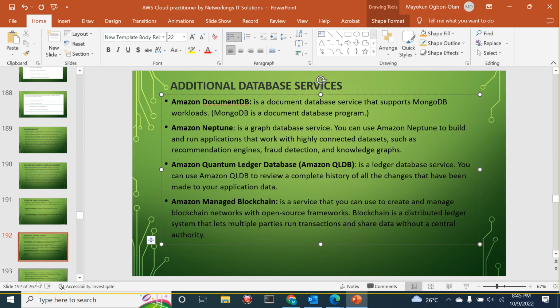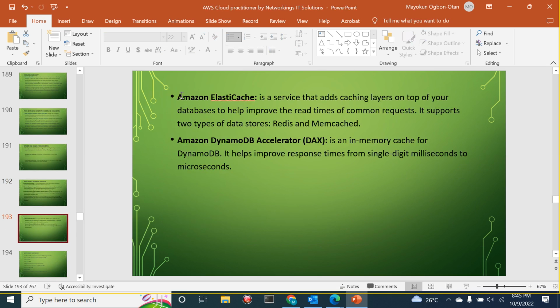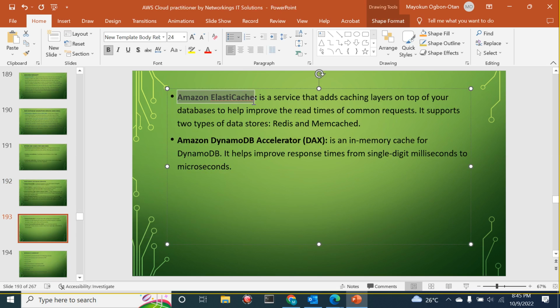So let's note that. Then we have Amazon ElastiCache. It's a service that adds caching layers on top of your databases to help improve the read times of common requests.